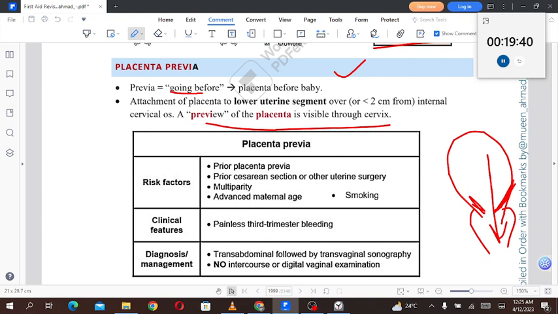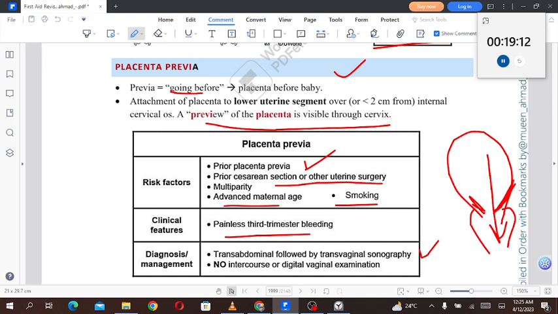Risk factors: prior placenta previa, prior cesarean section or other uterine surgery, multiparity, advanced maternal age, or smoking. Clinical features include painless third trimester bleeding, and diagnosis is done by transabdominal followed by transvaginal sonography. No intercourse or digital vaginal examination.